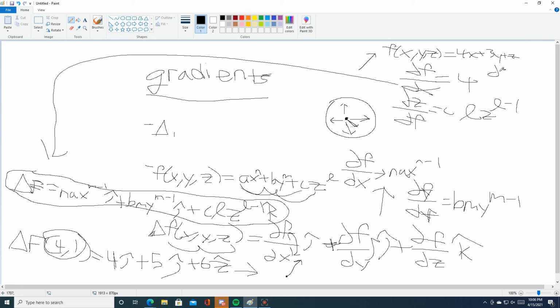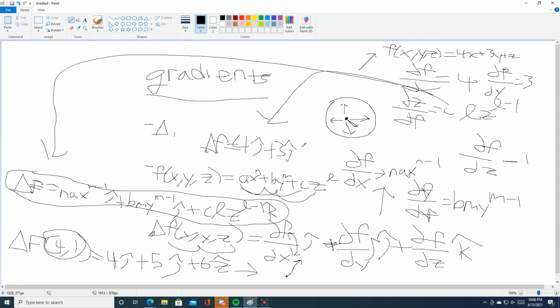I'm going to keep it the same since I've done it the whole video: the partial derivative of f with respect to y is 3, and the partial derivative of f with respect to z is equal to 1. Now when we plug this in, we get the gradient of f equal to 4i plus 3j plus 1k, which I'm just going to write as k.